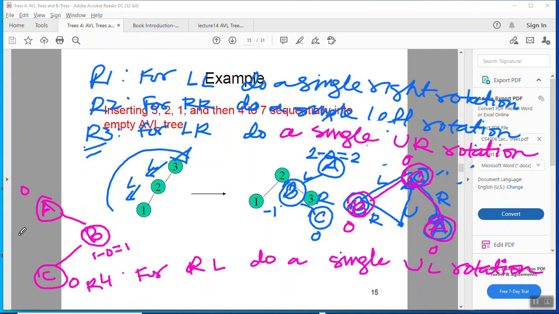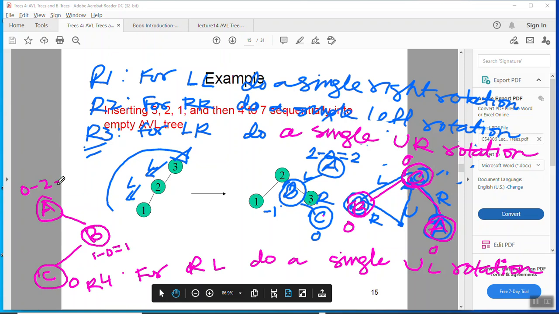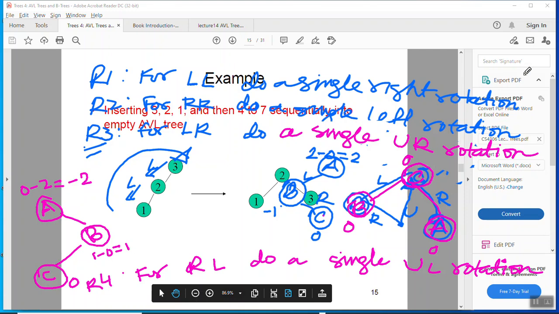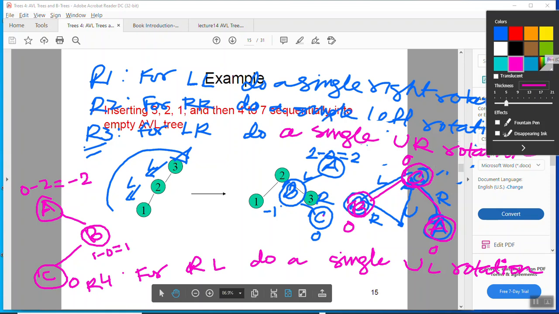The left side is 0 and the right side height is 2, right? So 0 minus 2 equal to negative 2, so this is imbalance. So then what do we need to do?